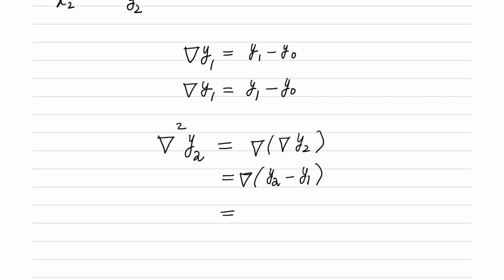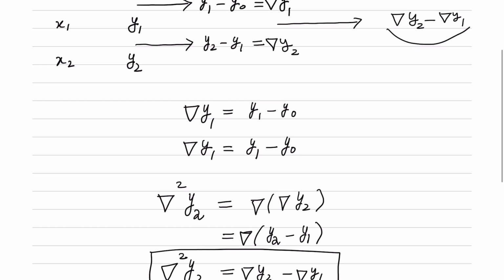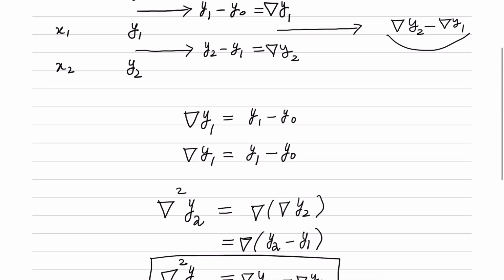Now the backward operator acts inside: backward square y2 is actually equal to backward y2 minus backward y1. So the value calculated here, backward y2 minus backward y1, is equal to backward square y2.